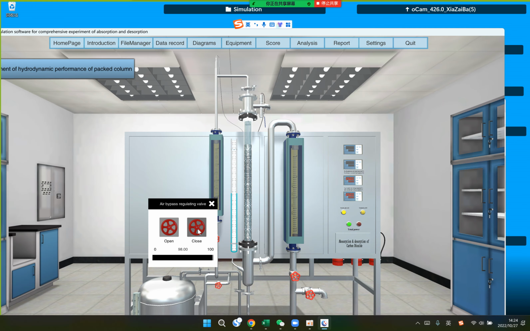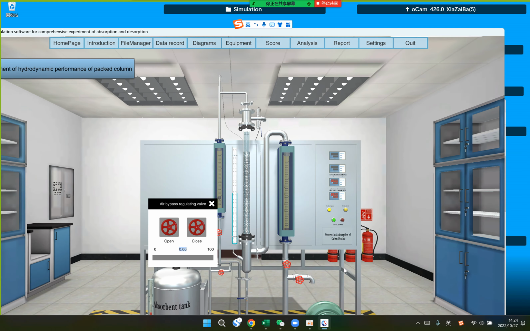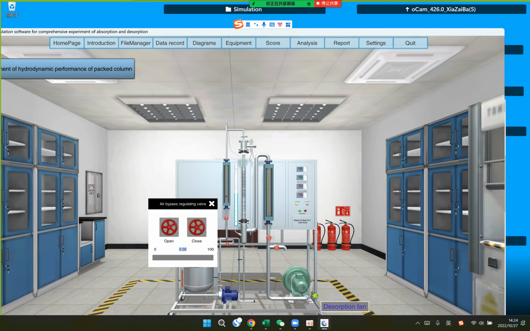Close it. So you have to remember the operation procedure or operation steps for the air pump and the centrifugal pump are different. The valve opening is different.